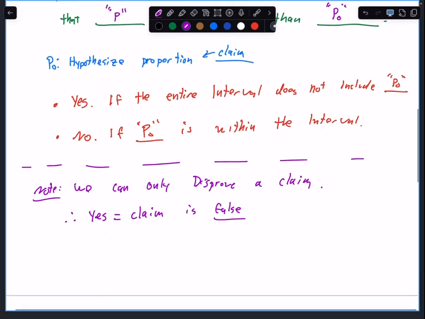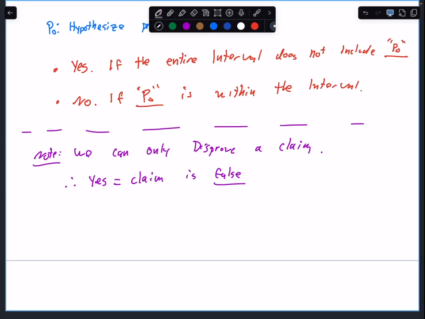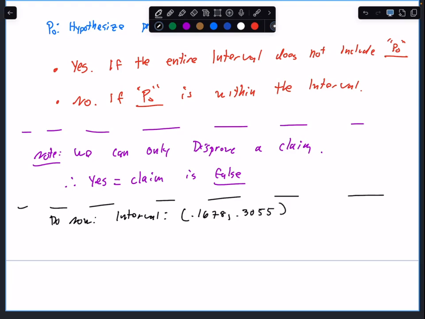So, in this problem, is the claim false that we did in our do now? In the do now, my interval was 0.1678 to 0.3055. And my claim, my p naught, was 25%, which is the same thing as 0.25.